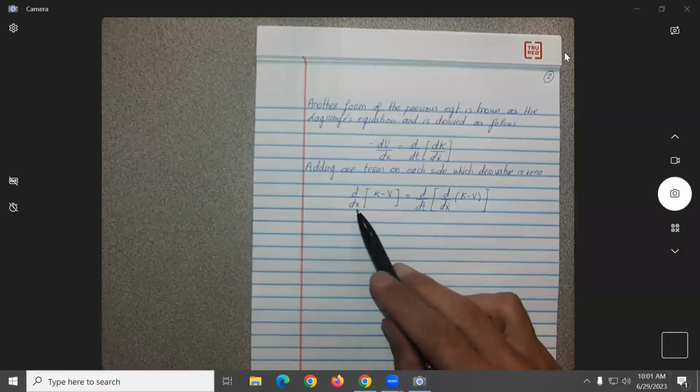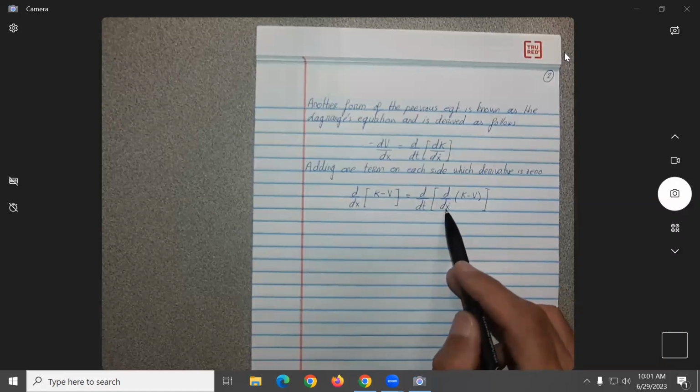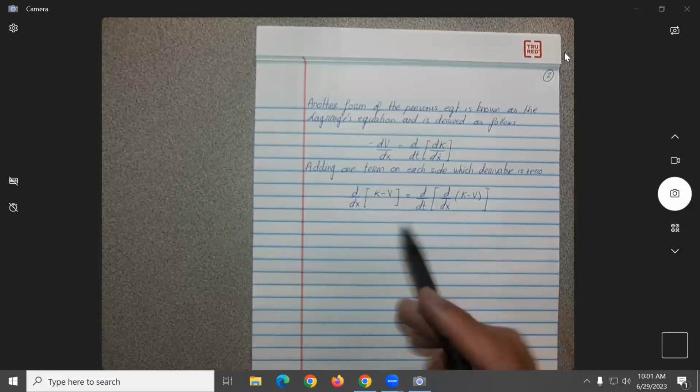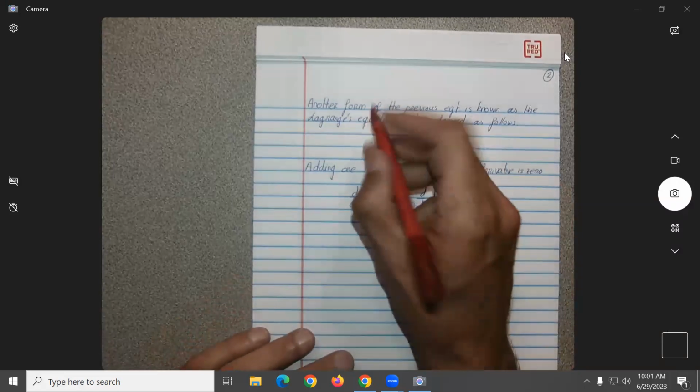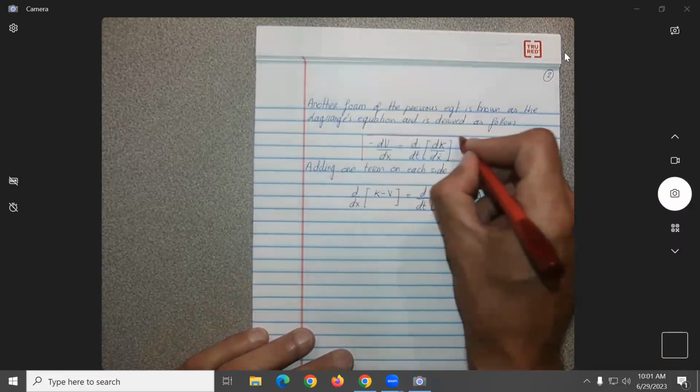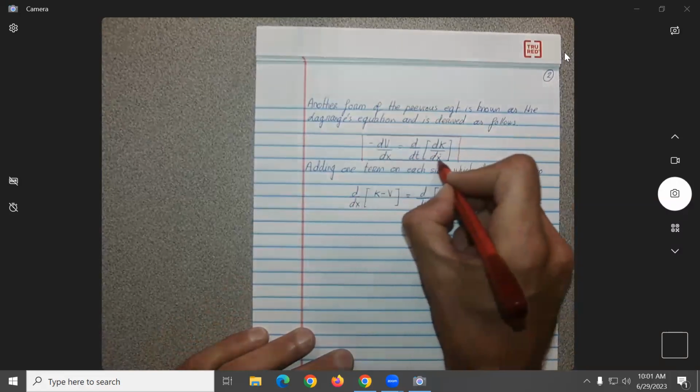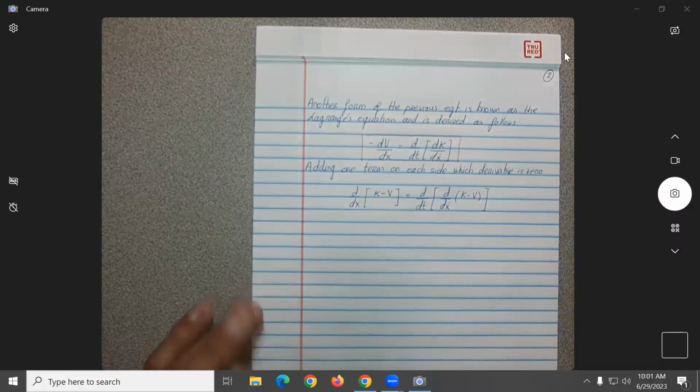It is a function of x, and it's not a function of x dot. Okay? So that derivative will be 0. But, okay, I think it's complicated. Personally, I think this form works fine, but this one is the one most widely found in textbooks.